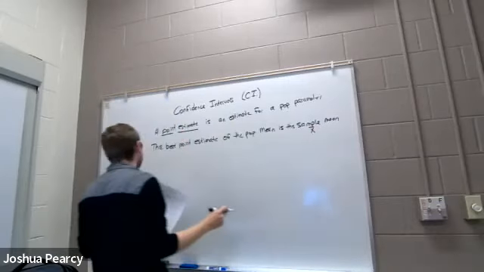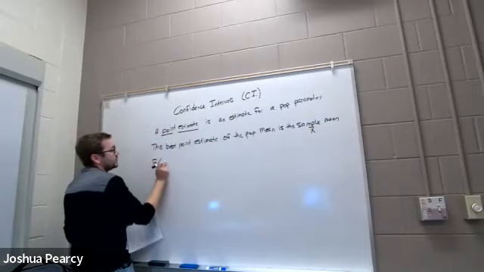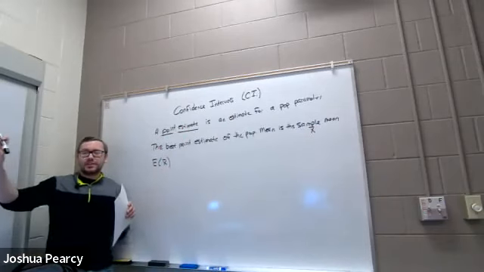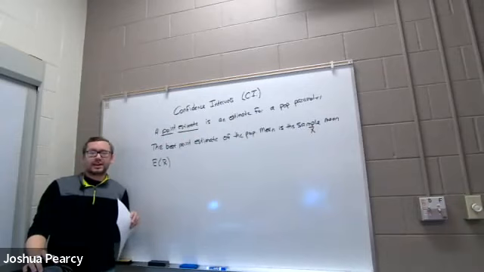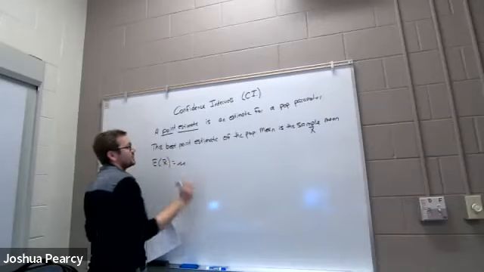In particular, it has this property that if I take the expected value of X bar, so that's what I was talking about earlier. If I take an infinite number of samples and I compute the average for each of those samples, and I get some sample mean, and then I take the average of all those sample means, I will indeed get the population mean mu.